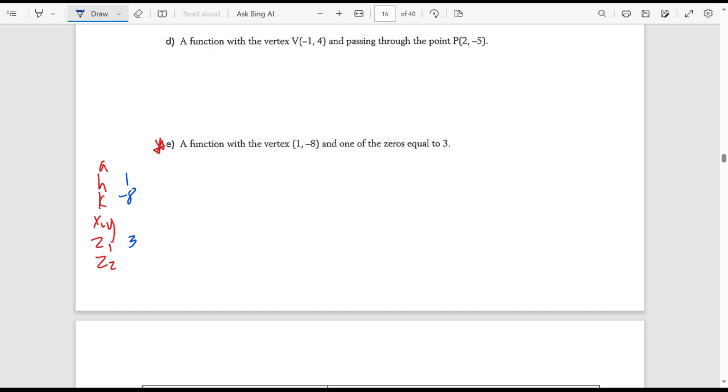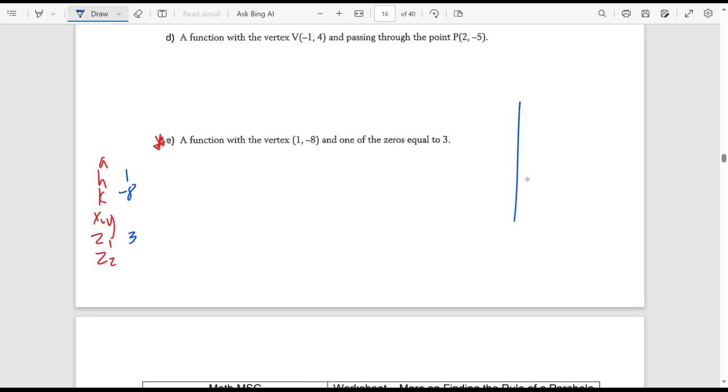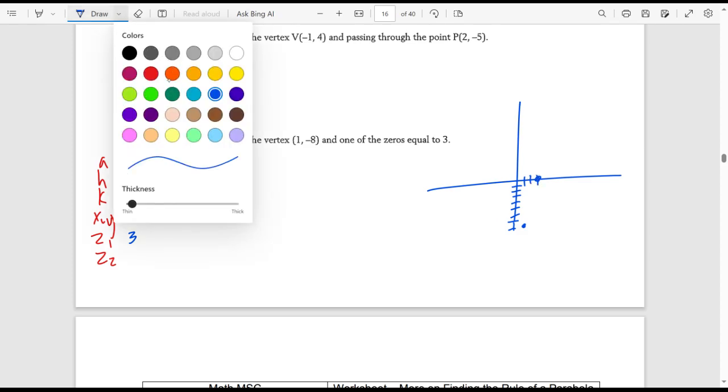The three should be on the other side of the vertex, because it says one of the zeros. So if I sketch this out right now, 1 and -8: 1, 2, 3, 4, 5, 6, 7, 8. So that's it. And then 1, 2, 3, second zero.